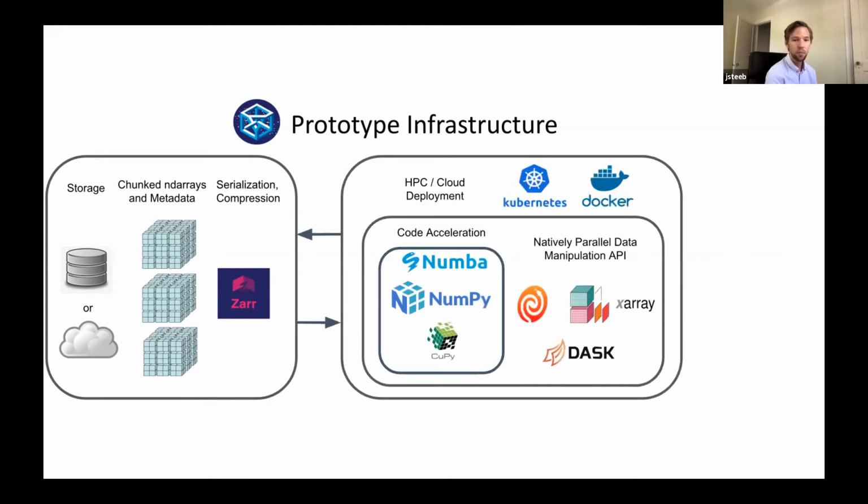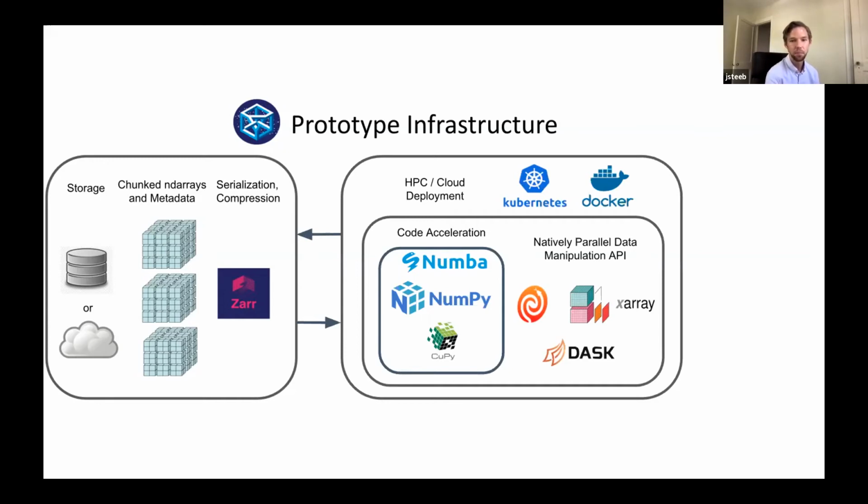Okay, then the actual processing will start in the centermost rectangle. So our code acceleration: Numba for accelerating all of those Python for loops, NumPy for vectorized operations, and then CuPy is aspirational for GPUs. We would like to do that.